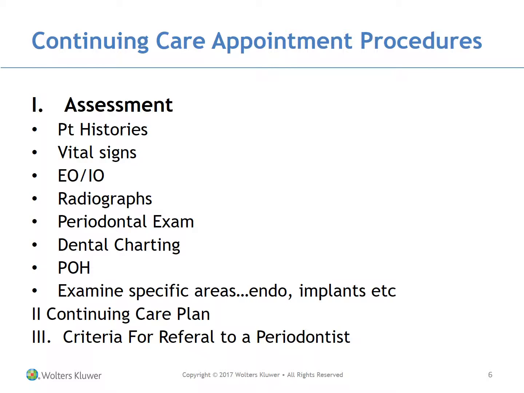And then are we going to need to deliver any local antimicrobials, such as Arrestin, to help with those pockets? Now, generally, we don't recommend Arrestin until the follow-up. The Arrestin company always likes to say, place it at the scaling and root planing, but the more current thought is that you want to see how the patient can respond on their own with just good home care, because they're finding Arrestin to just be a bandage.